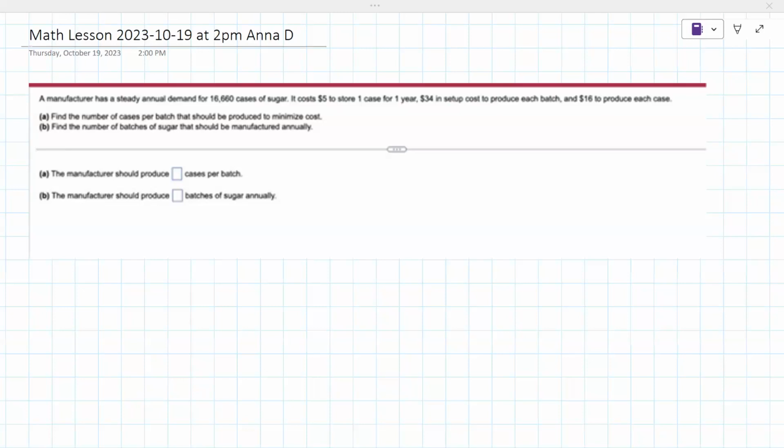Okay, let me see if I can find that formula for you. You'll have to know the formula for the test. It's called the EOQ formula.